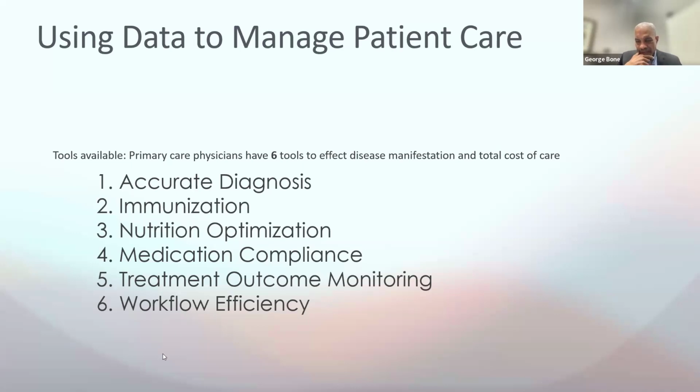Fourth, medication compliance. If your patient does not take your best guess treatment, they are not in your data game. Fifth, treatment outcome monitoring. If you are not measuring what you're doing, you don't really know what to correct. And last but most important is workflow efficiency.